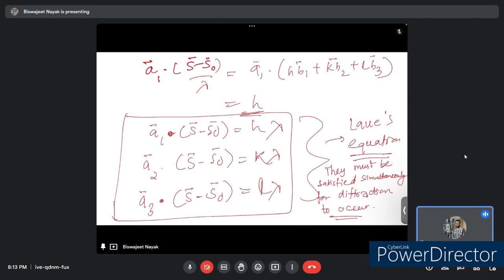So from this, to get Bragg's condition, we need to draw an Ewald sphere, where each and every point on the outline of the sphere depicts a diffracted point.